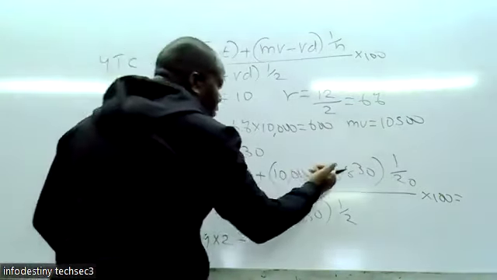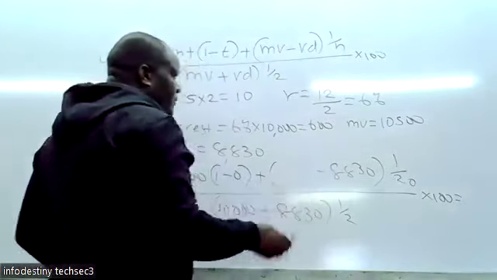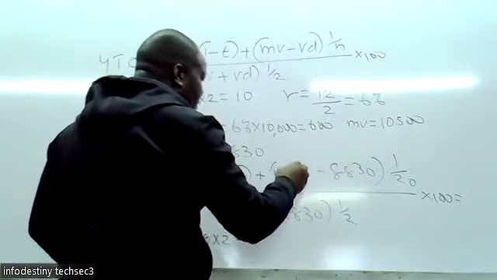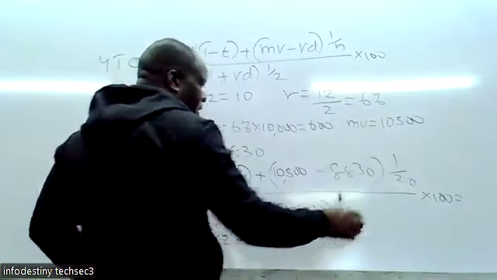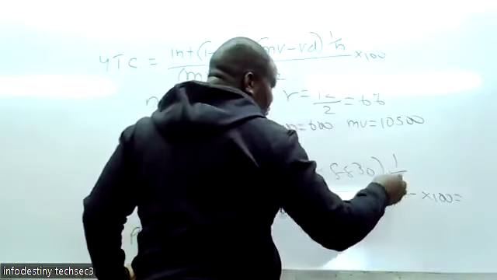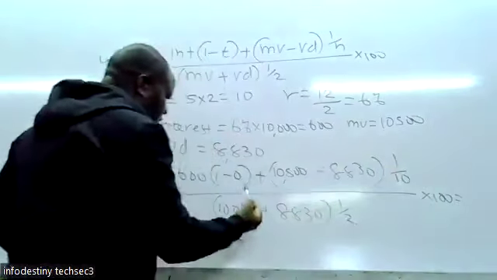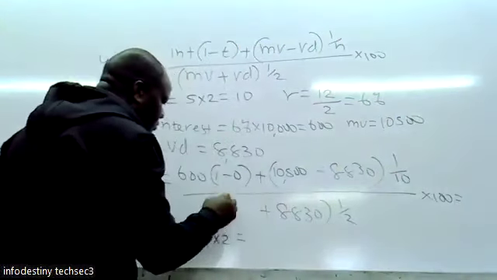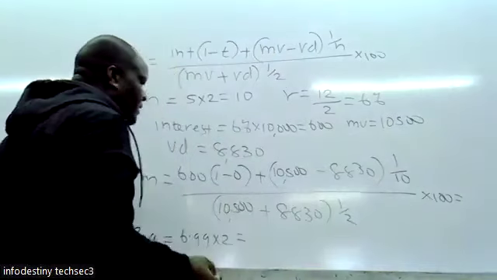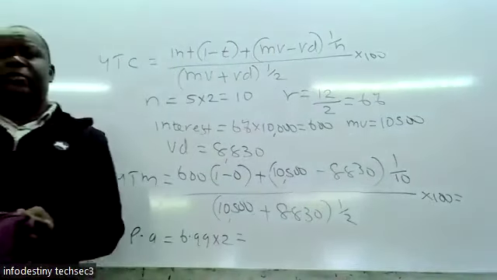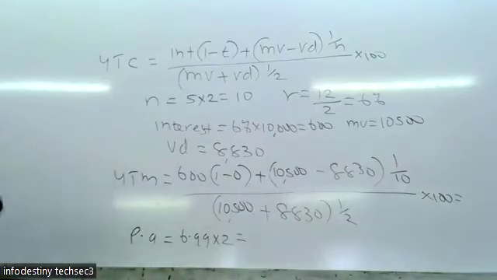So what you are only changing is this maturity value to 10,500. Your N will also change to 10. What is changing is maturity value and N, because it was callable after 5 years, then it was callable at 10,500.